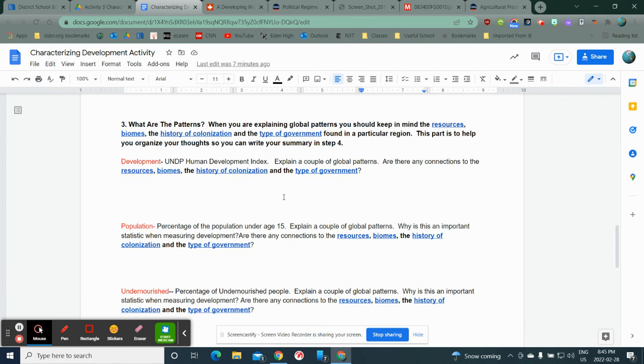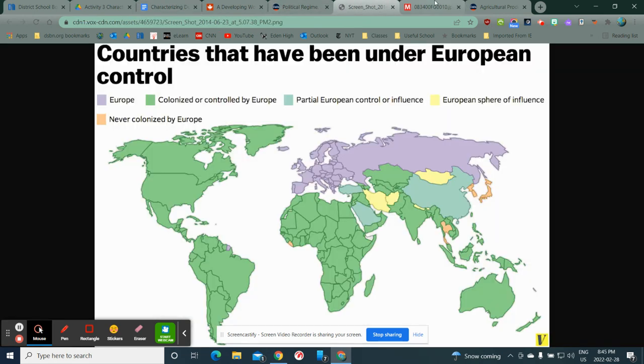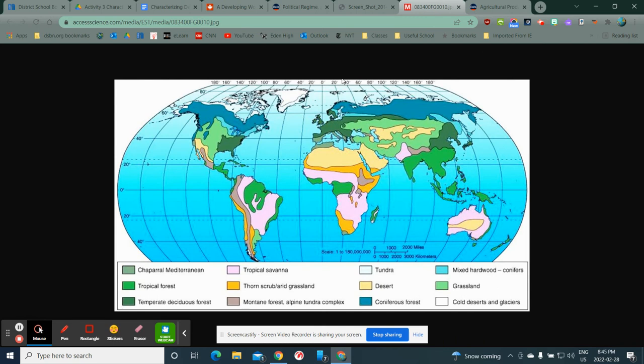There is clearly a pattern here that's connecting to maybe one or multiple items here, whether it's political regime or the biome, and so on and so forth.